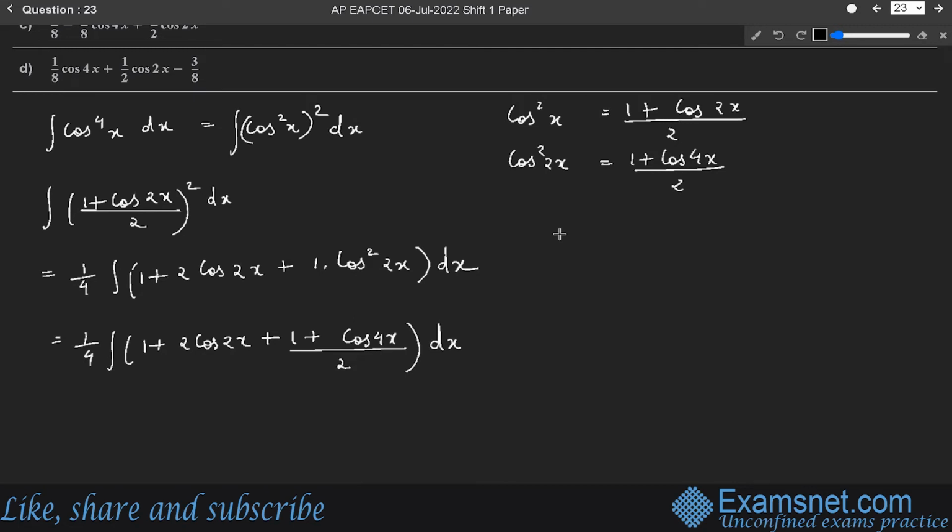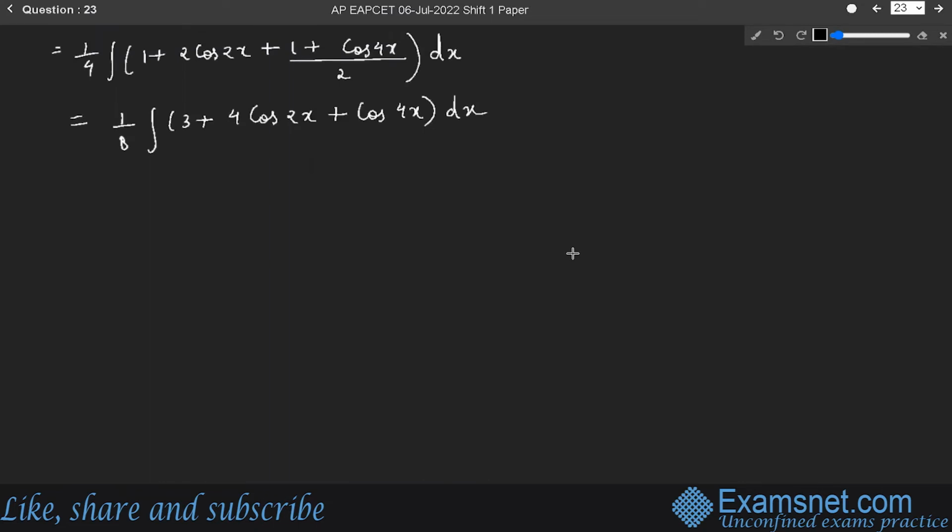Now, this will be equal to 1 by 8 integral of (3 plus 4 cos 2x plus cos 4x) dx. And further solving this term, it will be equal to 3 by 8 plus 1 by 2 cos 2x plus 1 by 8 cos 4x.